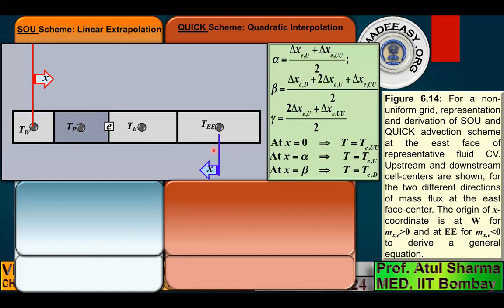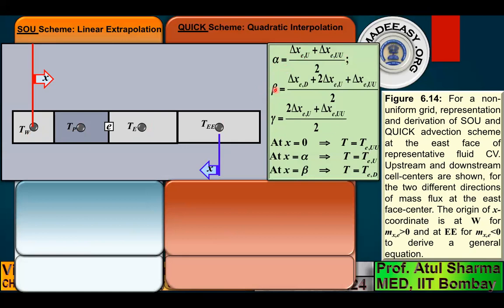When it is in the negative x direction, then the upstream is delta x e, and the upstream of upstream is delta x EE, the double capital E. So the alpha for the positive x direction and for the negative x direction is expressed in a general form in terms of upstream and upstream of upstream.